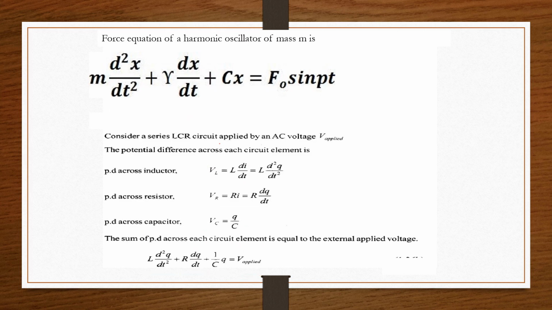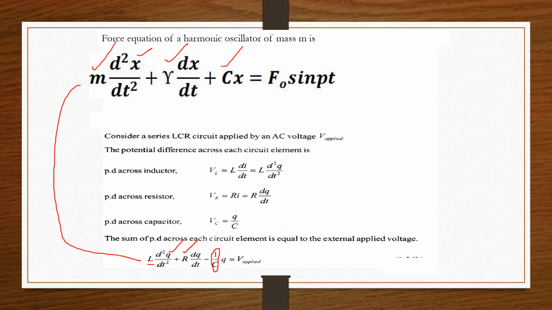If this question is asked in the exam, first you should write these two equations, then compare them. The electrical analog of mass in the electrical circuit is inductance L. For damping coefficient gamma, here it is resistance R. For force constant, here it is the reciprocal of capacitance, 1 by C. For displacement x, we have charge q here.